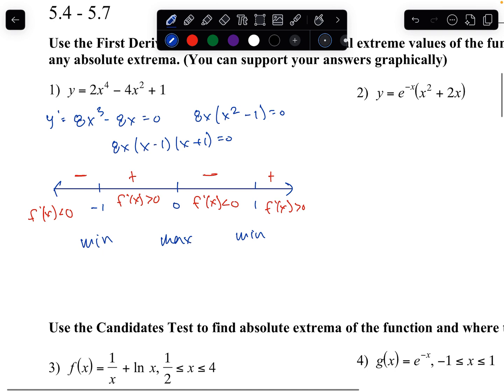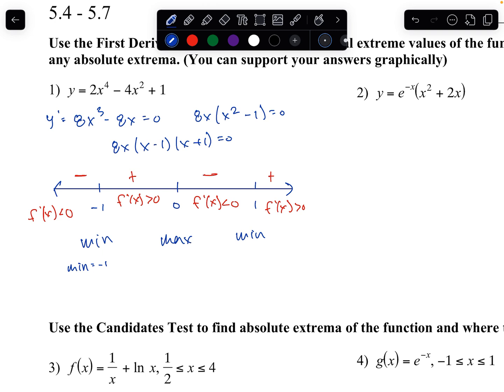So if I plugged in -1 here, that's going to be 2. And then if I plug in -1 here, that's going to be -4 plus 1. So -2 plus 1 is going to be -1. So the minimum here is going to be -1 at -1.